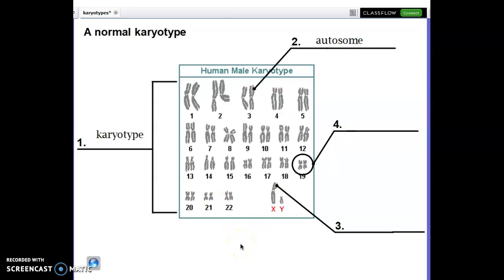And basically, they determine every single trait about you except whether you're a boy or a girl. The ones that do that is set 23 down here, which are sex chromosomes. And we'll talk about what this means in just a minute. Then the last one you need to know, this set here, that's just an autosomal pair. So again, 1 came from mom, 1 came from dad.